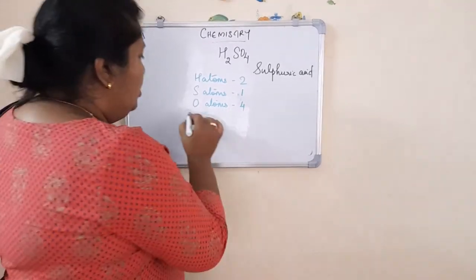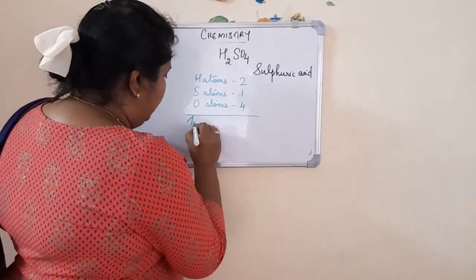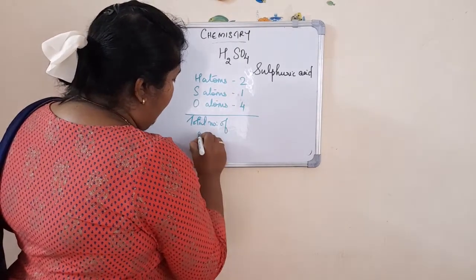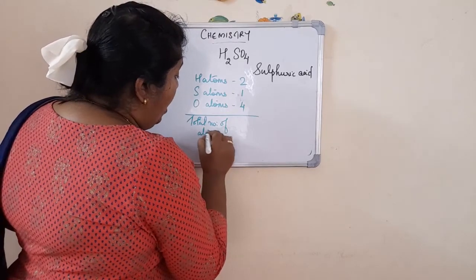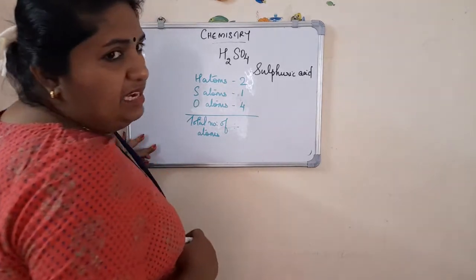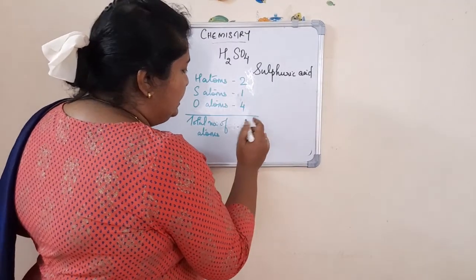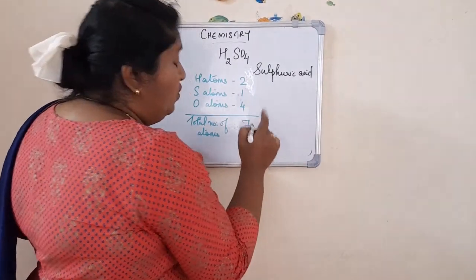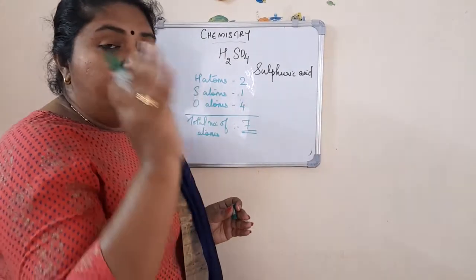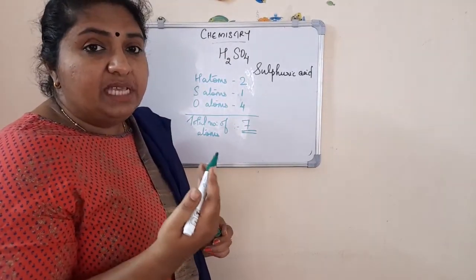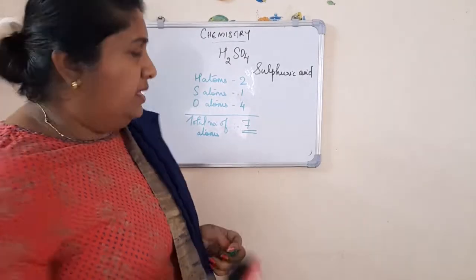Now, the total number of atoms. What is the total number of atoms in one molecule of sulfuric acid? 2 plus 1, 3. 3 plus 4, 7. So, in one molecule of sulfuric acid, altogether 7 atoms are there.